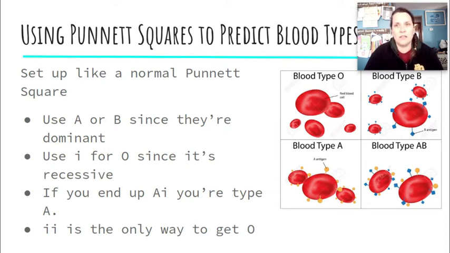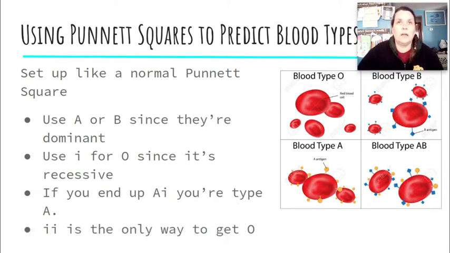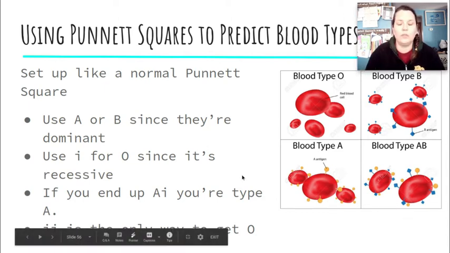If you're heterozygous for type A, you would write capital A, little i. That's still blood type A, but you have the recessive allele for type O. Or you could have capital B and little i for type B blood, heterozygous for B. And little i, little i is the only genotype that gives you type O blood.